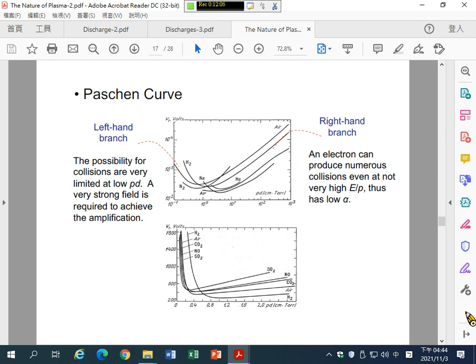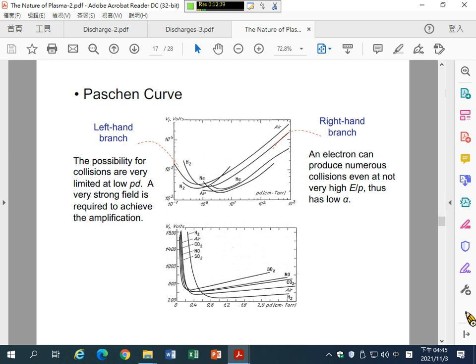The optimum condition happens only when the P times D value is between 1 to 10 centimeter torr. In the right-hand branch region, if D is fixed, the gas pressure is very high, so there are many collisional processes in the gas phase.